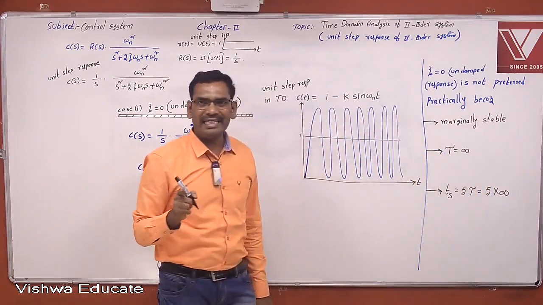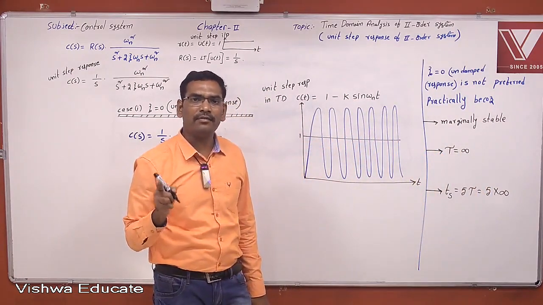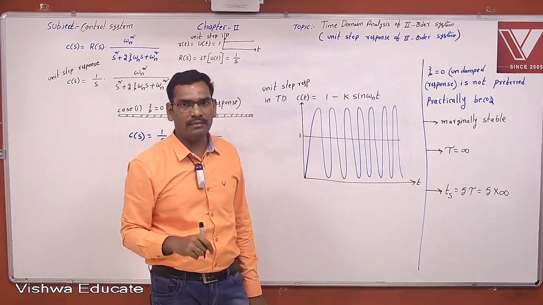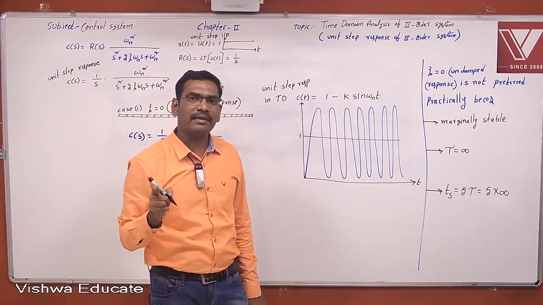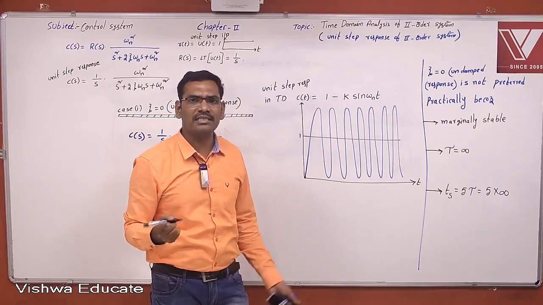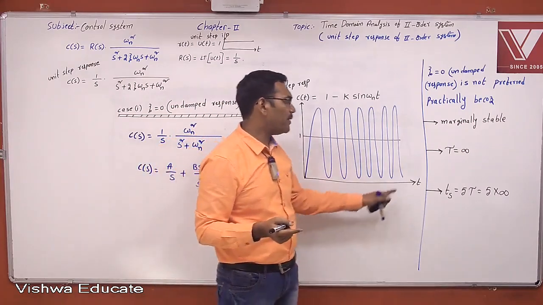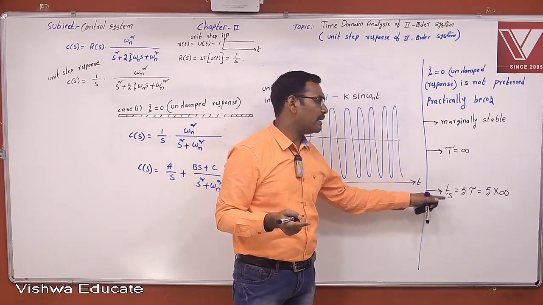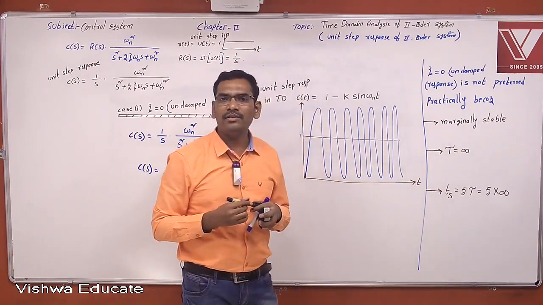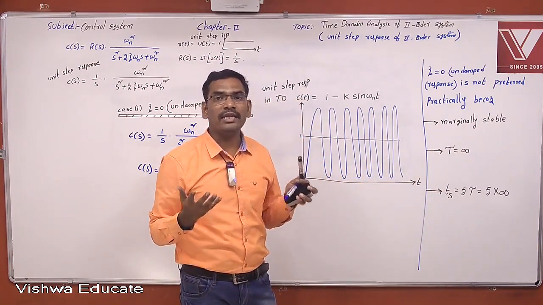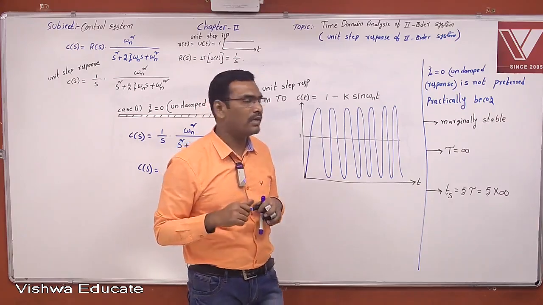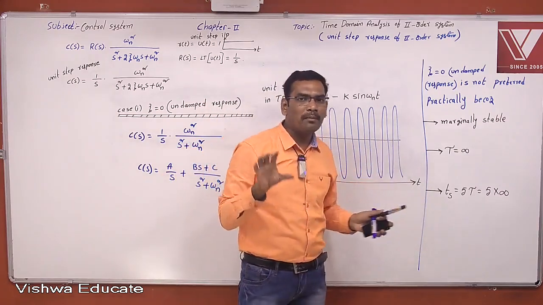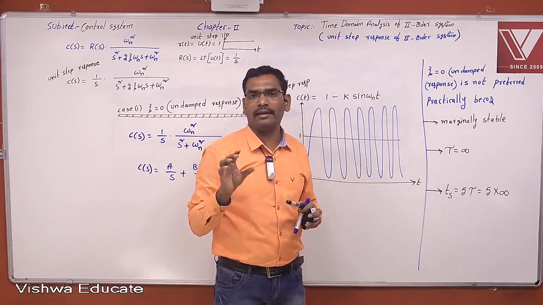Can you prefer any response that takes 5 into infinite amount of time to settle, or an infinite amount of time to reach 63%? No, we never prefer an infinite settling time. Nobody will give infinite time for a response to settle. So we always prefer a moderate settling time and moderate rise time.